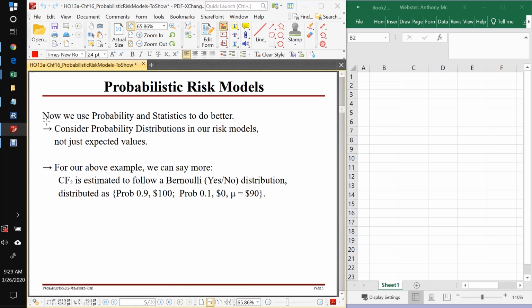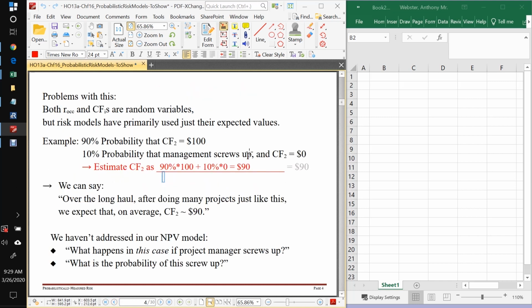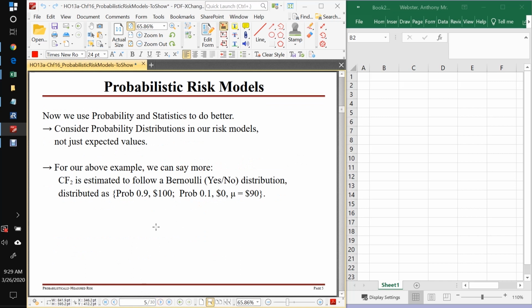So now we're going to use probability and statistics to do better with our risk models. And what we'll be doing is we'll be looking at the probability distributions that are behind the expected values that we've computed previously.